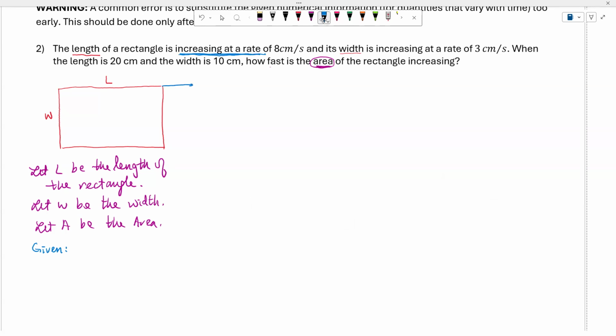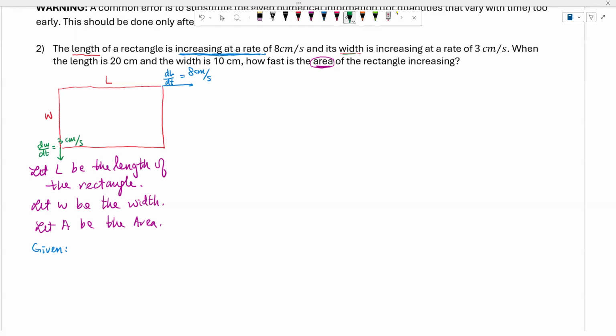It's telling me that the length is increasing at a rate of x cm per second, so we could assign x cm per second equal to dL/dt. Then the width is increasing at a rate of 3 cm per second, so I will assign dW/dt is 3 cm per second.